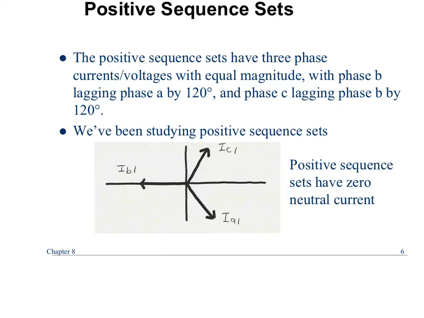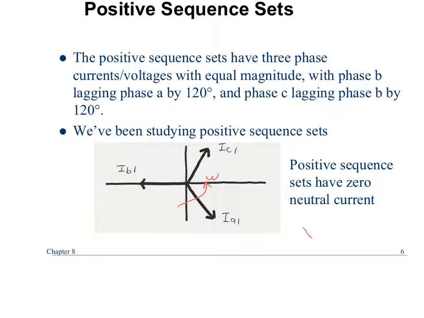Here's positive. If we look at A first, with our rotation in the typical counterclockwise direction, we see A, then B comes along, and then C, all the same magnitude and phase shifted by 120 degrees.